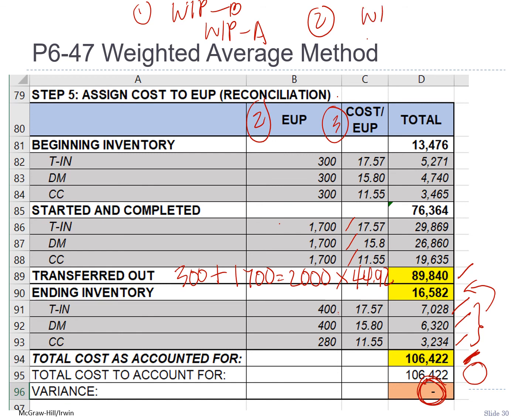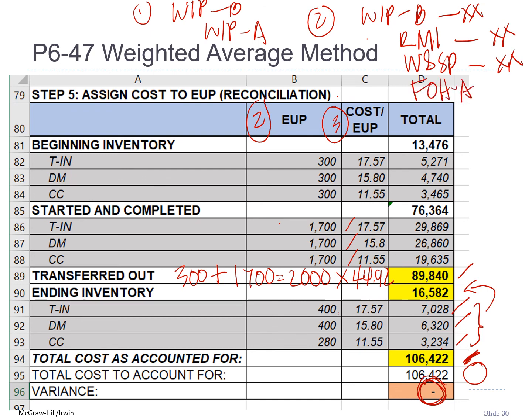So that will be WIP, Department B. Then credit to raw materials inventory for additional direct materials. Credit to wages and salaries payable for additional direct labor costs, and credit to factory overhead applied for additional factory overhead applied cost. Take note, this is for the current cost only. Yung period cost, di na-entryhan yun.